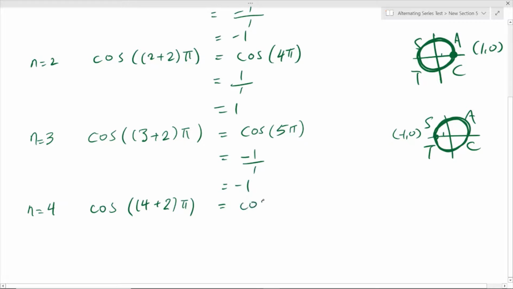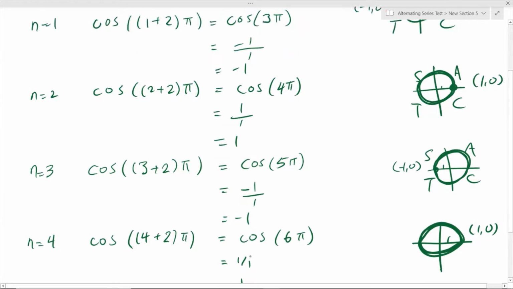So cos 4 plus 2 is 6, so 6 pi, just like that. And then we look at this diagram again, so 1 pi, 2 pi, 3 pi, 4 pi, 5 pi, and 6 pi. This is 1, 0. So 1 here, 1 over 1, it's going to give us just 1.